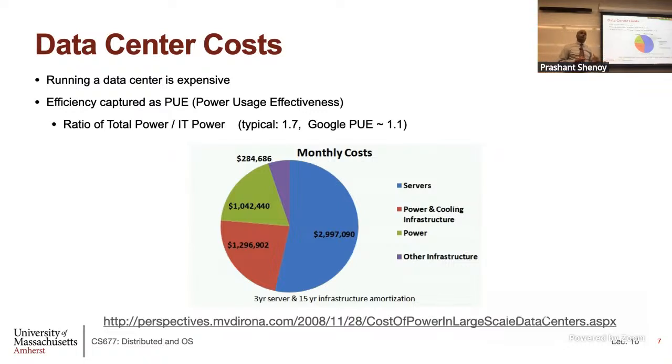Right? So there are companies like Google and Meta and Microsoft that have tried to optimize this by building more and more efficient data centers, and their numbers are getting closer to 1.1, 1.05, and so on, which means there's a 10% overhead or 5% overhead. So they are very, very efficient. Okay? The way they do this is that they've optimized the cooling infrastructure. For example, rather than running ACs, they use something like free air cooling.